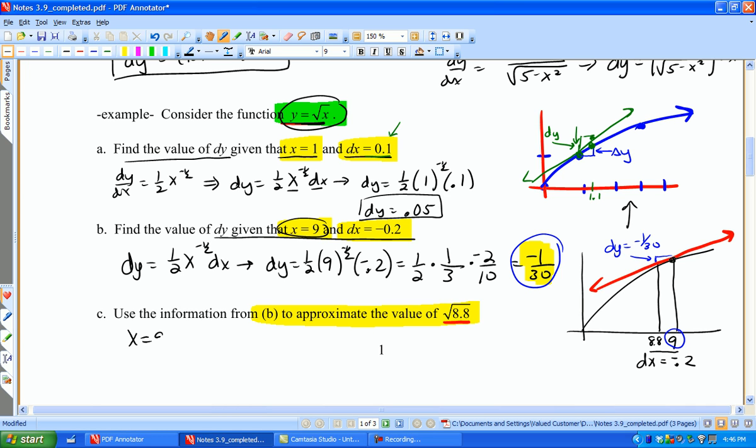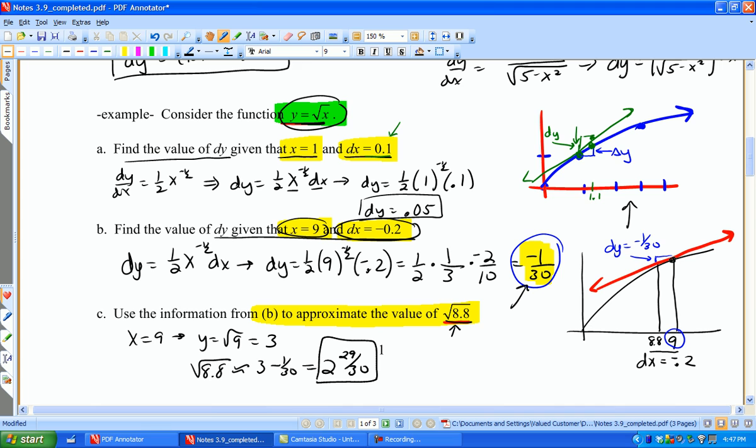So if x were 9, y would be the square root of 9, which is 3. But instead, we're finding it for the square root of 8.8, a difference for x of negative 0.2. So the square root of 8.8 would have been 3, but the difference in y is negative 1/30. So the square root of 8.8 is about 2 and 29/30.